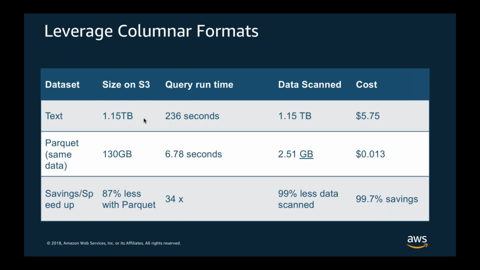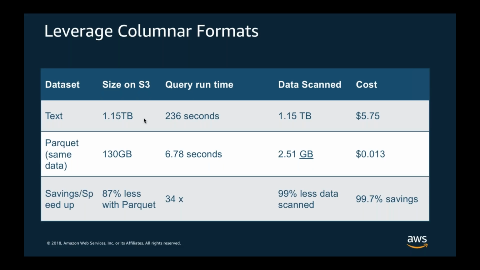Here's an example where I had a 1.15 terabyte text data set on S3. A query was run against this. It took 200 seconds to run. It scanned the entire data set. It cost you $5. The same data set, if you convert it into Parquet, becomes much smaller because Parquet as a format comes with compression. It becomes 130 GB.